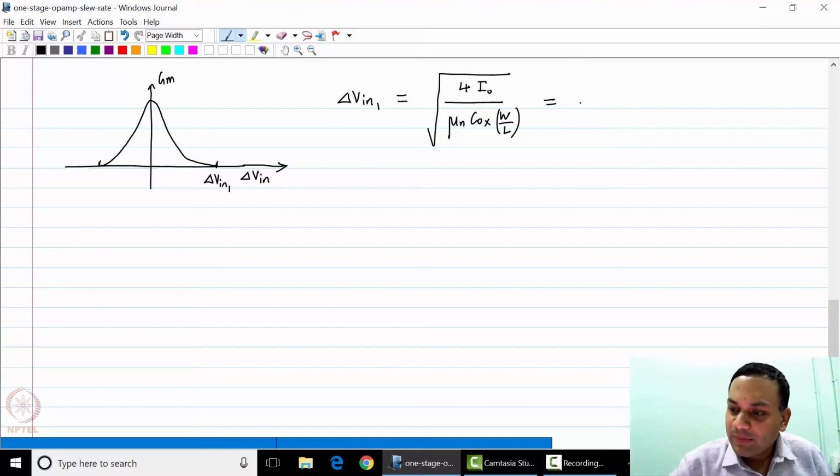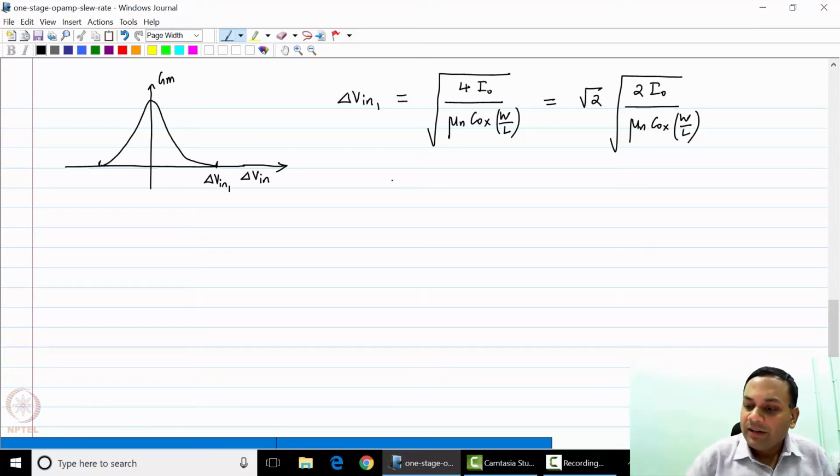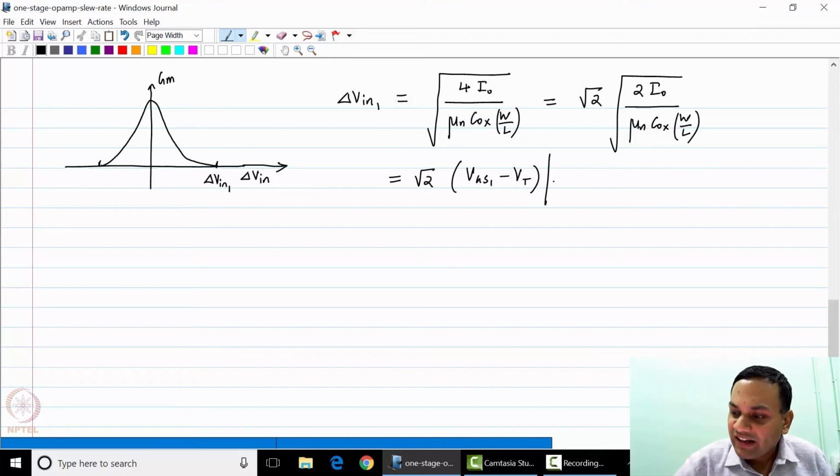Now I'm going to rewrite this in a specific manner. I'm going to rewrite this as root 2 into root of 2 I naught over mu n Cox W over L, and you can clearly see that this is nothing but root 2 times VGS1 minus VT at the quiescent point.